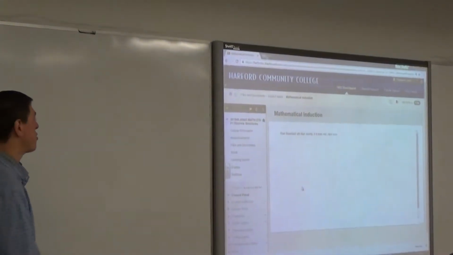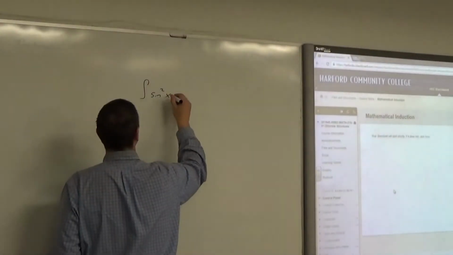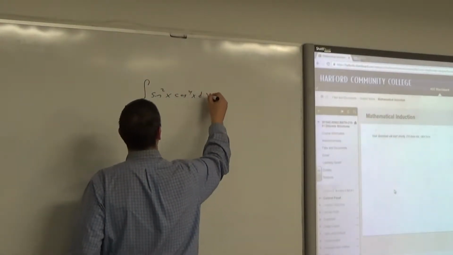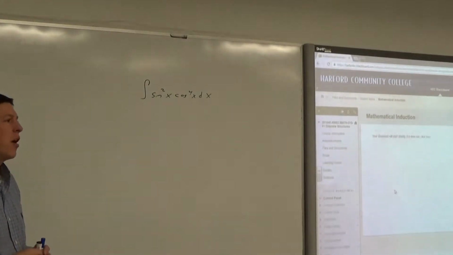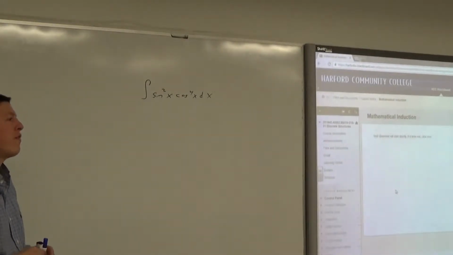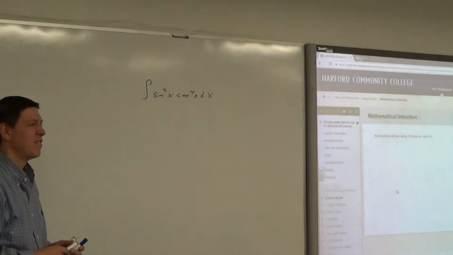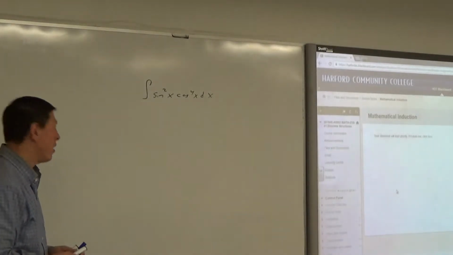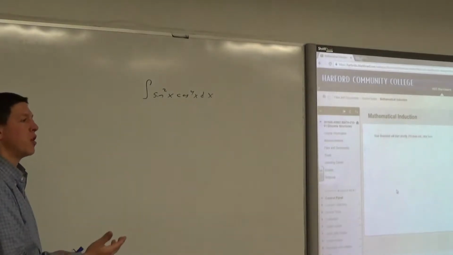So for those of you that are in Calc 2, I saw this one. Some of you might have this one for homework. Anybody remember doing that one? Yep. How many pages did that take you? That was horrific. No way, you must have done it wrong. That's the one where you have to split it up, and you get cosine to the 6th, so you get to use the power reducing formula twice.